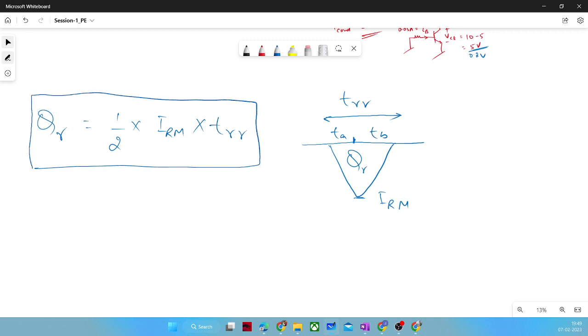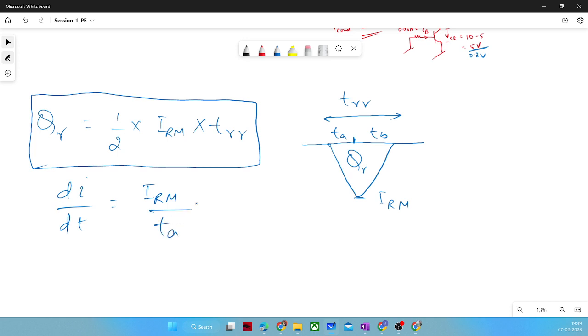Where you have a particular doubt, can you point it out? Is there any relation between QRR, TRR, and di/dt? So if you know IRM, this is the zero point, so di/dt is nothing but IRM by TA.